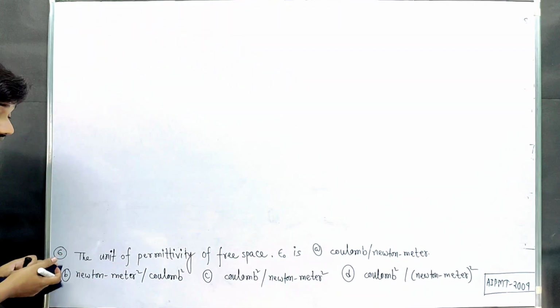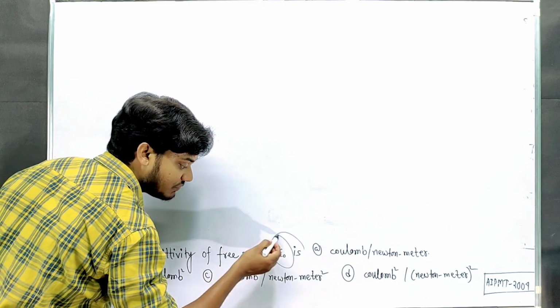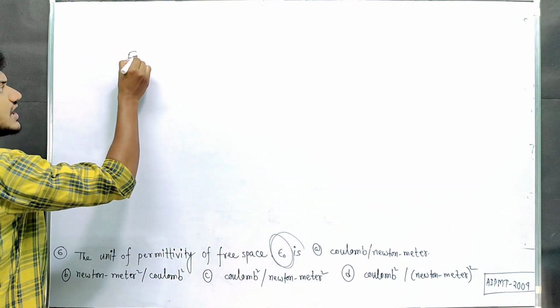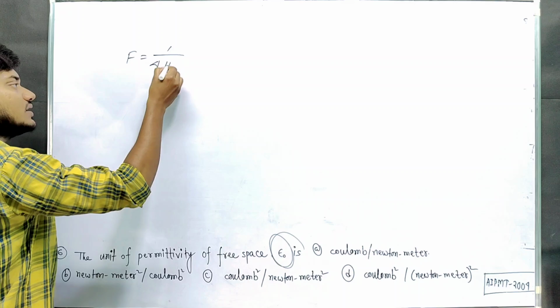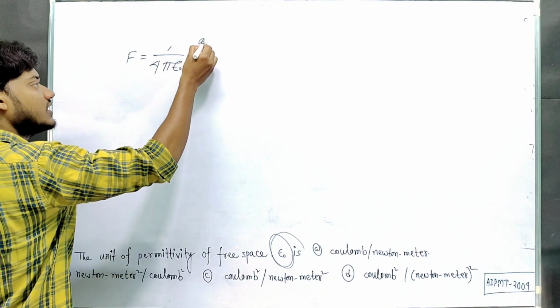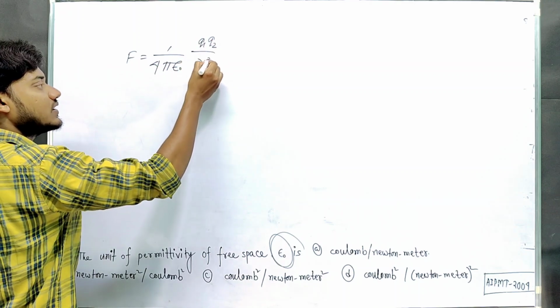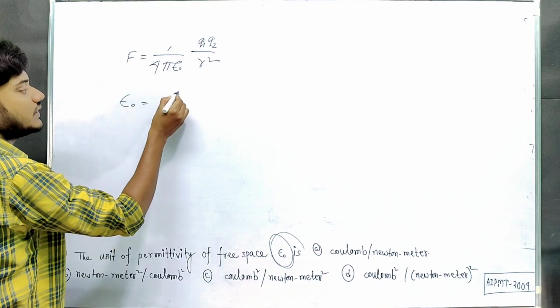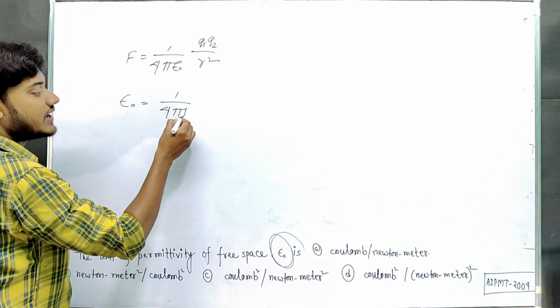Epsilon naught, we have to find the unit of epsilon naught. We know from Coulomb's law F equals 1 by 4 pi epsilon naught Q1 Q2 by R square. So epsilon naught will be Q1 Q2 by 4 pi F R square.